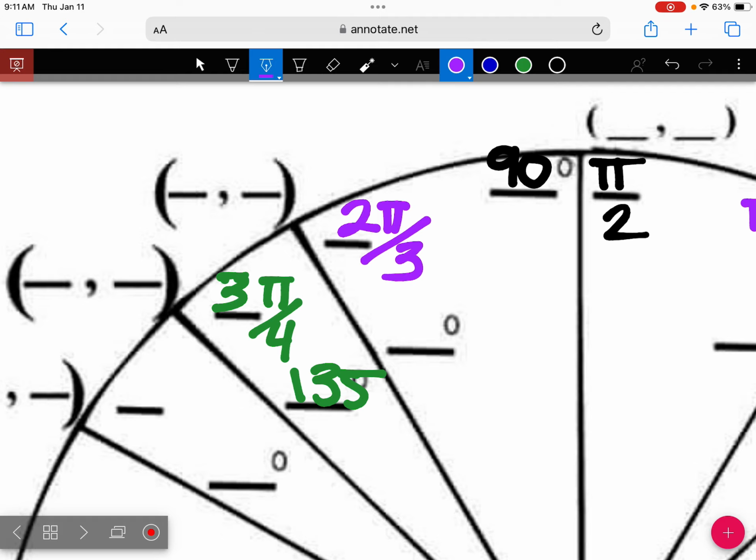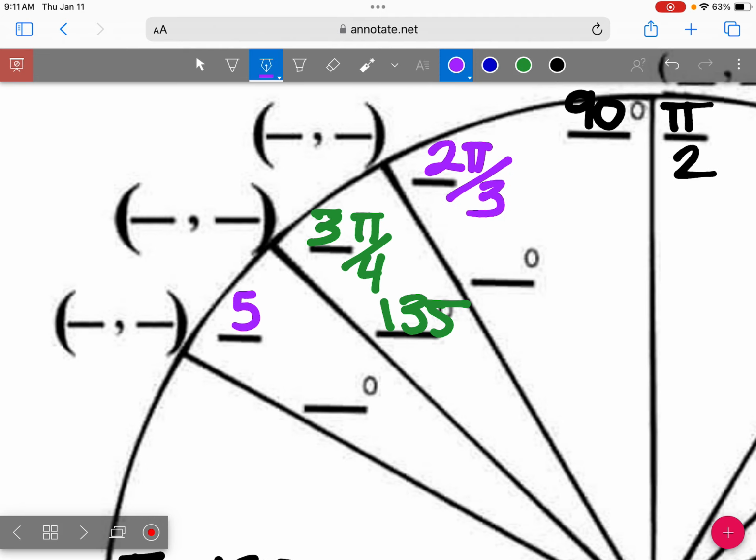5 pi over 6. And we're at 6 pi over 6, which is 1 pi. Means we're in the right space. It gives us a few checkpoints as we go through it. So then we're going to keep going by 6. 7 pi over 6.